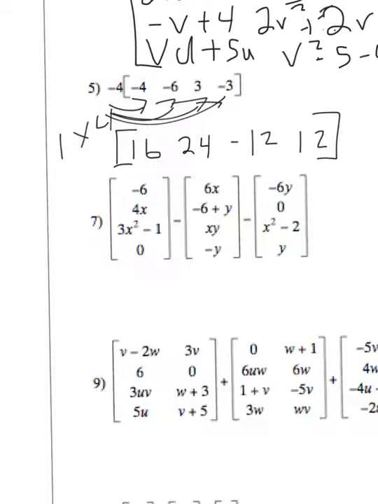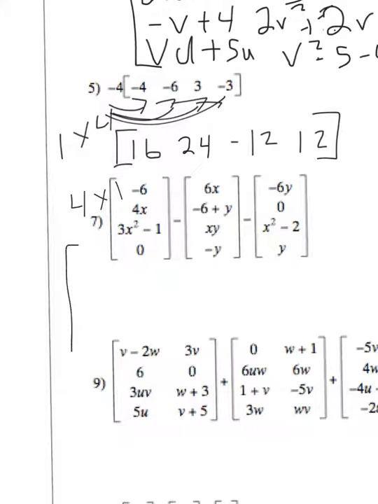Now it doesn't matter how many you have. So here, when I take a quick glance at it, these are all 4 by 1s. 4 down, 1 across. 4 down, 1 across. 4 down, 1 across. So I should be able to add and subtract all of these, and I'll get a 4 down, 1 across. So I already know what the answer is going to look like.